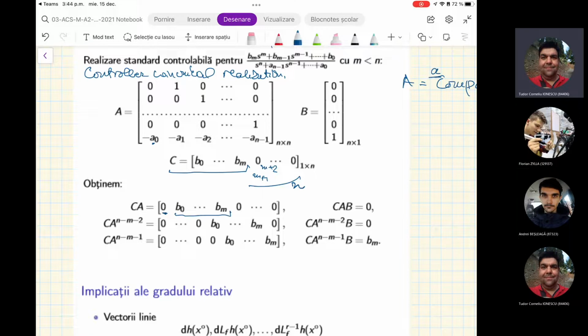Look, multiply this guy with B, and you get 0. Multiply this guy with B, and you get 0 up to n minus. So you stop here.